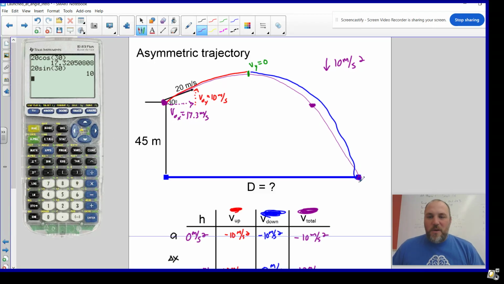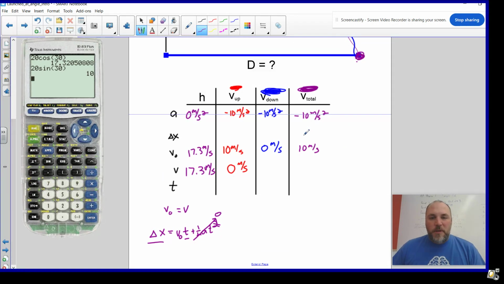So I actually don't know what this final vertical velocity is going to be, but I do know that from my initial position to my final position, I'm going to be going down 45 meters. So that's the height of the building. So for that last trajectory, I'll put negative 45 meters because that path is going down 45 meters.